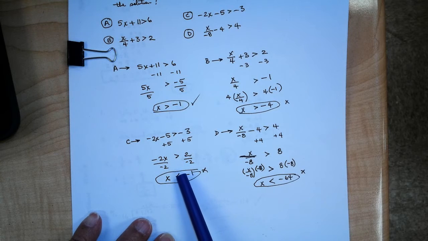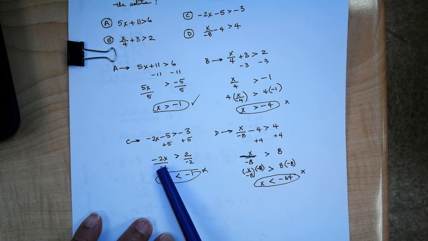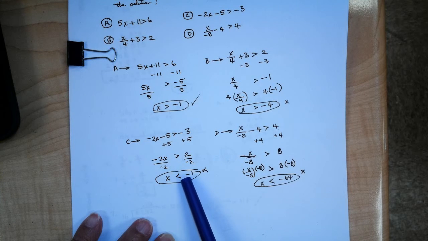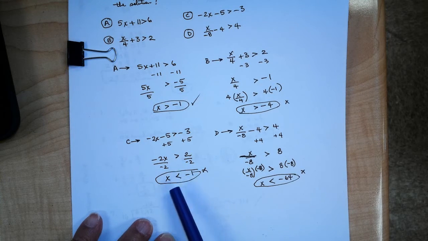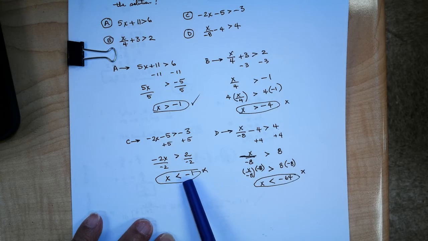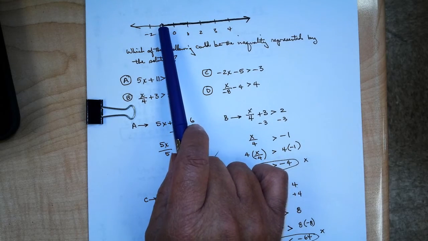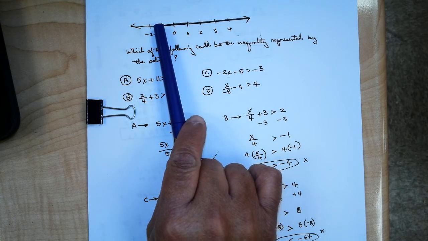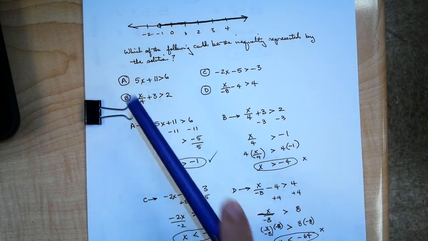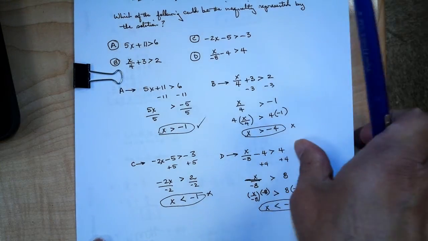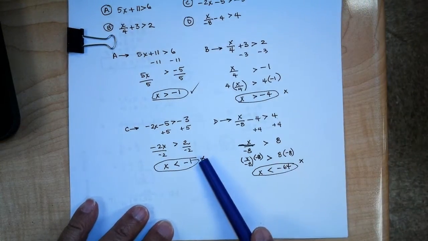But notice that I flipped the inequality. When you multiply or divide by a negative, that flips the inequality. So now it's x is less than -1. Well, if you look at the number line, x is less than -1 would be everything to the left. So that's not an answer choice. So you can mark it off.